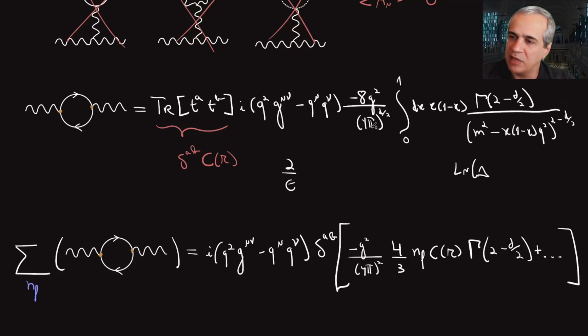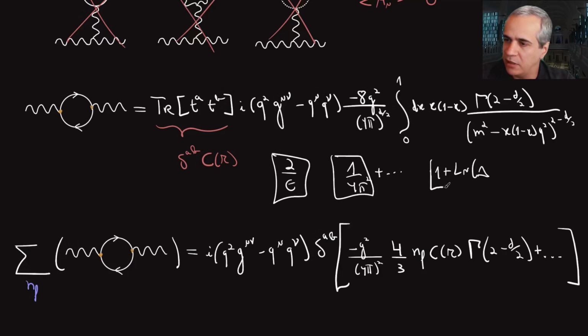The expansion of this guy near 4 is something like 1 over 4 pi squared plus other things proportional to epsilon. The expansion of this guy is just 1 plus this part. So if I multiply the 2 over epsilon that comes from here with this and this, I get this term that is written right here, right? And that's the diverging part.